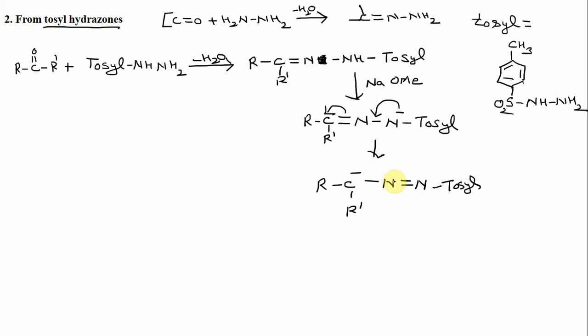Now this group acts as an excellent leaving group, and this N double bond N leaves as a nitrogen molecule, and this tosyl group leaves as such, with its bond pair of electrons.